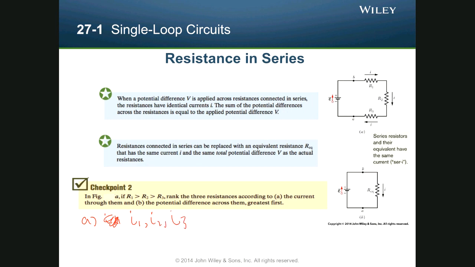And for part B, you want to do the same thing, but for voltages. You want to find the relation between V1, V2, and V3. And you already have the relation for R, right? So basically you want to come up with something similar, but for your I's and your V's.